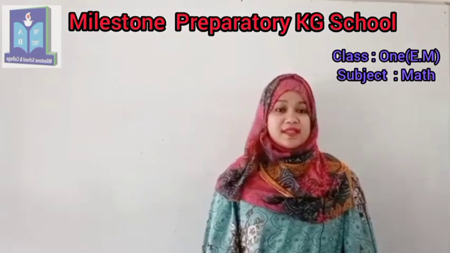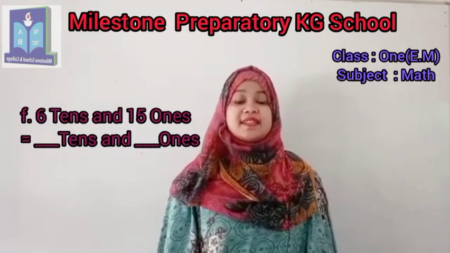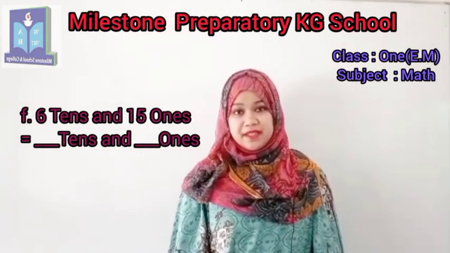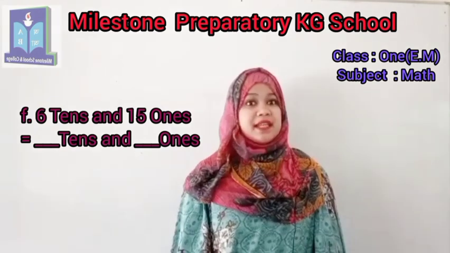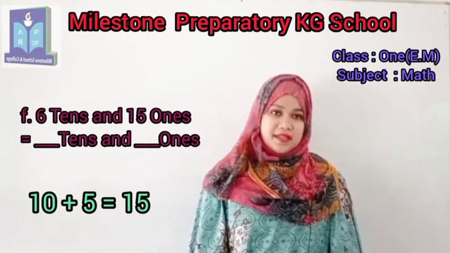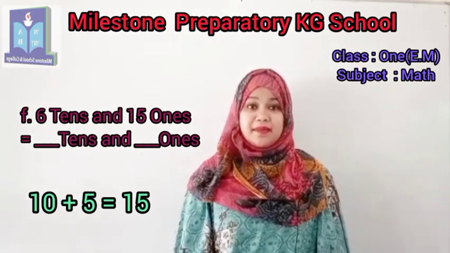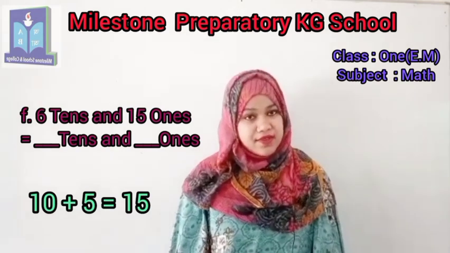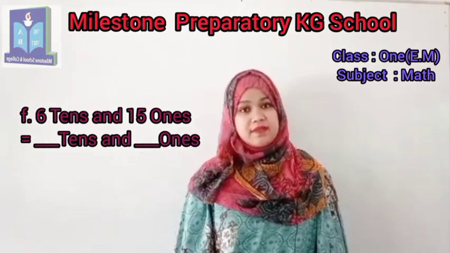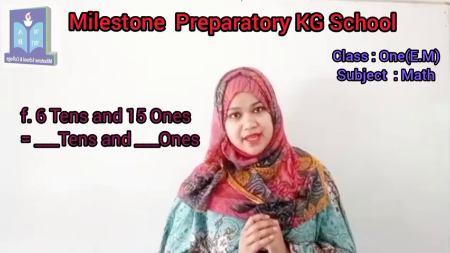Okay. Now exercise number F. Here is 6 tens and 15 ones. Similarly, we have to break 15, 10 plus 5, 15, right? Yes, and we can also subtract tens. That means 1 tens. Then we will get 5. And if we break 10 plus 5 in this way, we get 1 tens and 5.